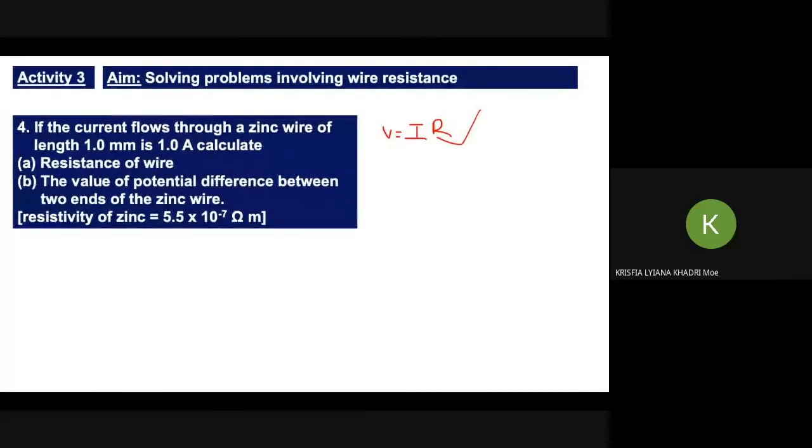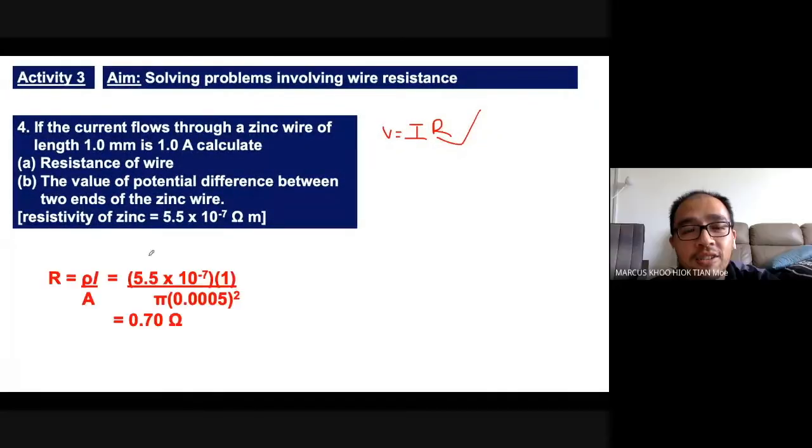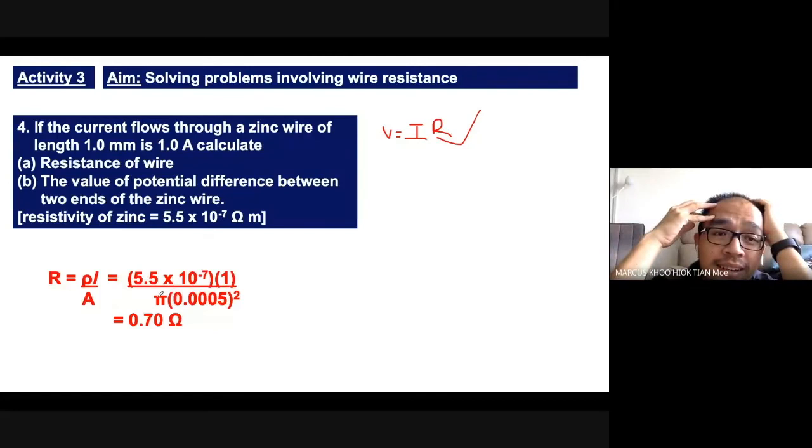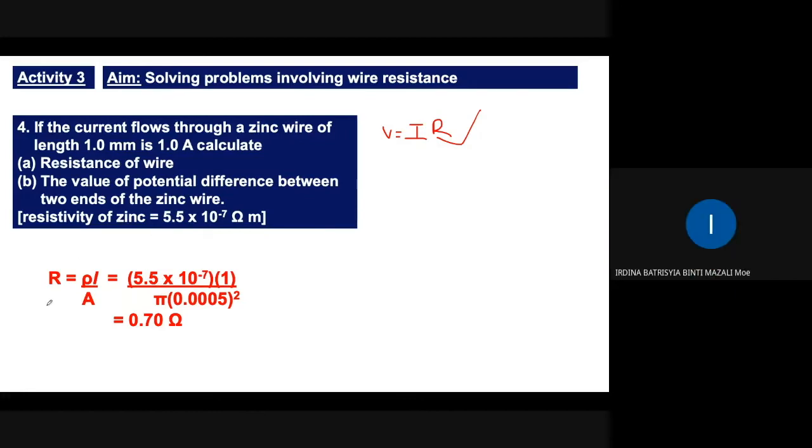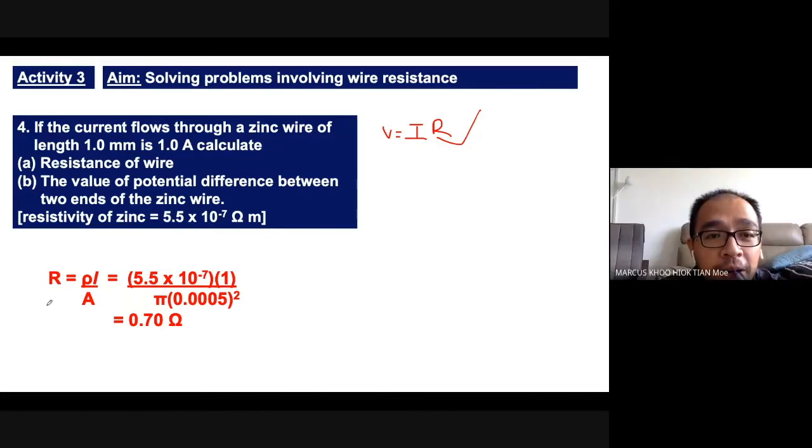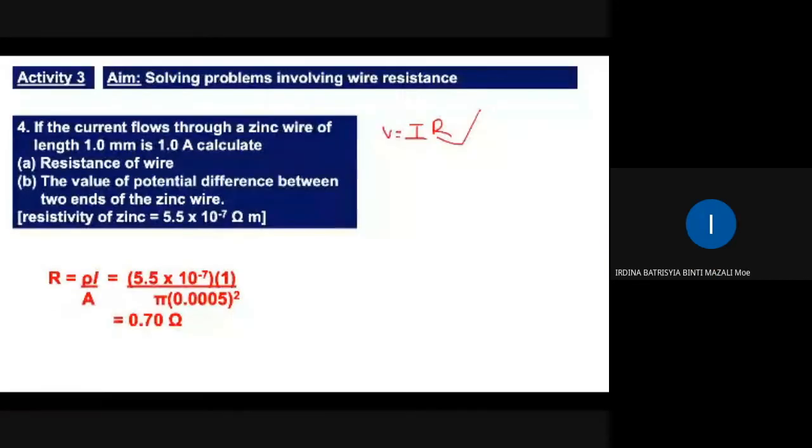0.1715 ohm. What happened? Why is there a pi over here? Wanted to find the area, but it did not give it. Oh my goodness, in my paper it is there.